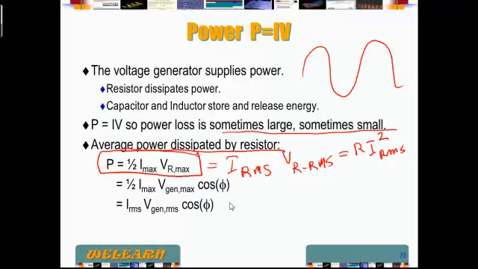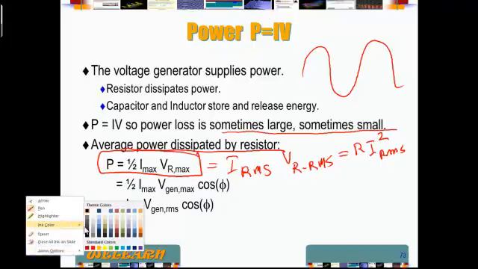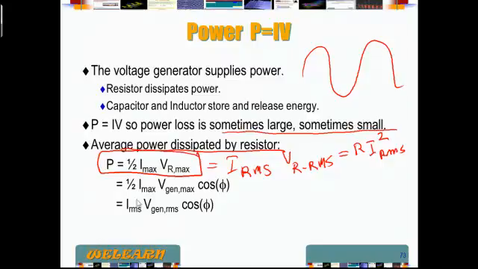So we can express the power loss in terms of the voltage across the generator. So it's going to be the same thing, except realizing that VR max is actually Vgen max times cosine of phi.